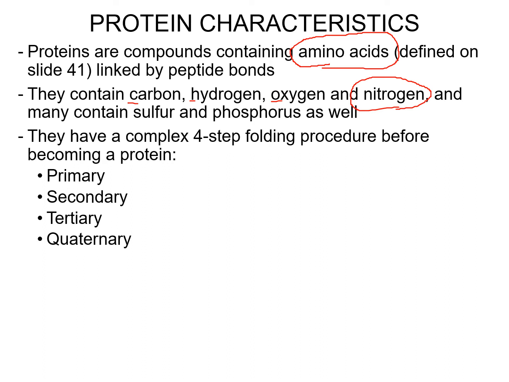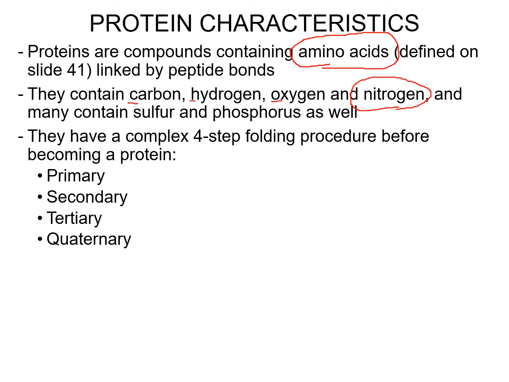Now, proteins are going to fold using different procedures or different steps, as you can see. And remember from chapter 1, the most important thing of this, possibly this entire class, is structure complements function, or shape complements function. So the shape of a protein dictates what the protein actually does.